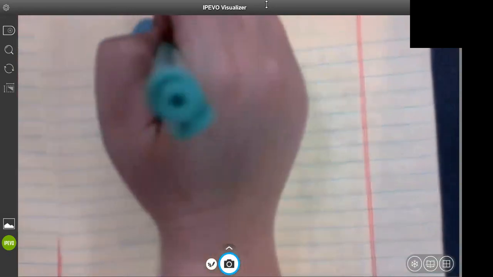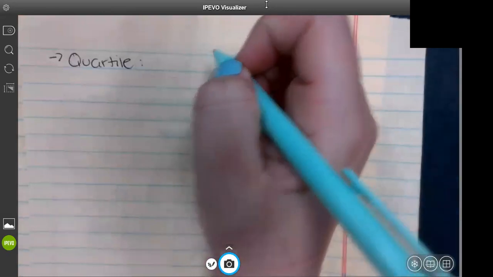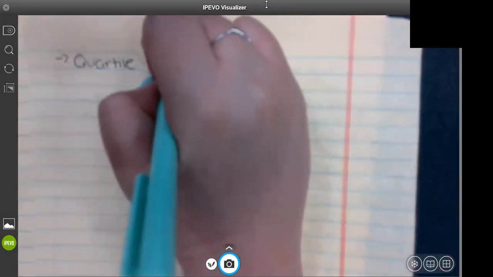All right, the other new thing for this lesson are called quartiles. So there are 4 vocabs. So we have quartile, which means that we are dividing the set of data into 4 equal parts.